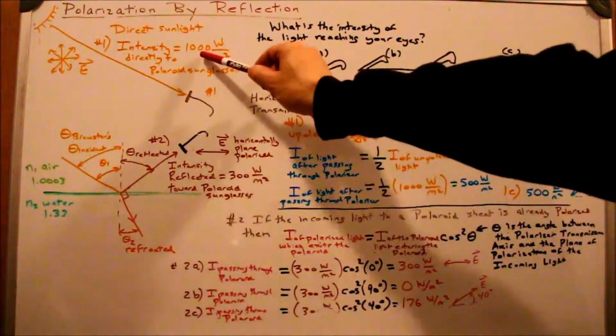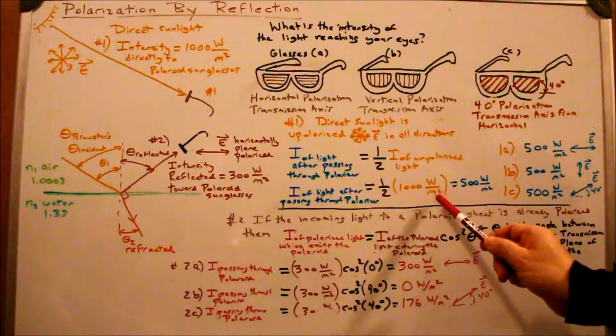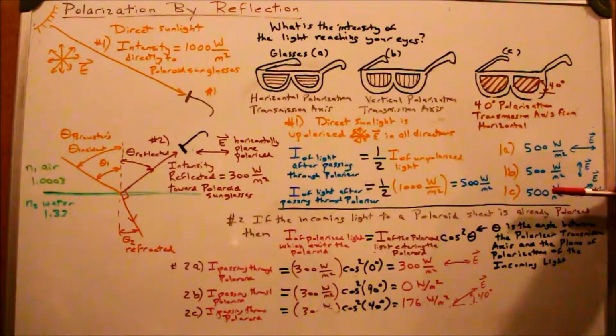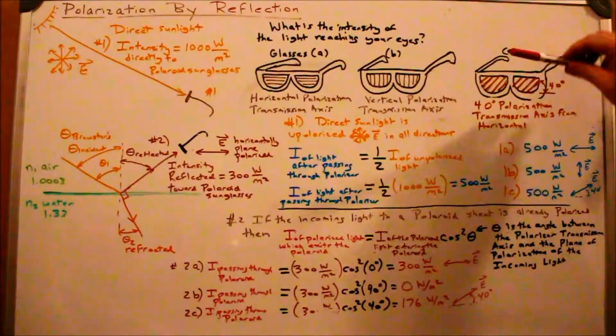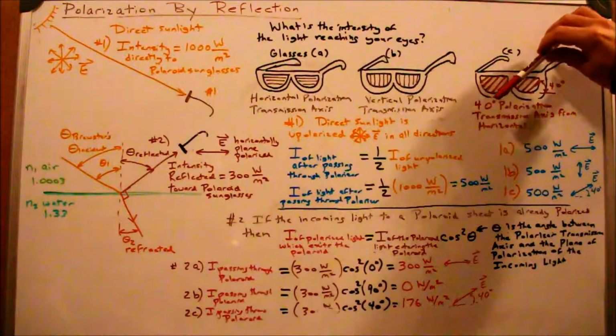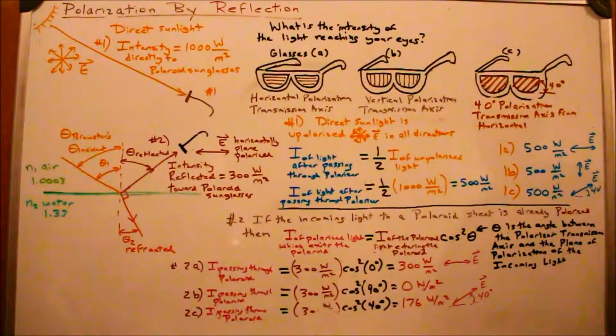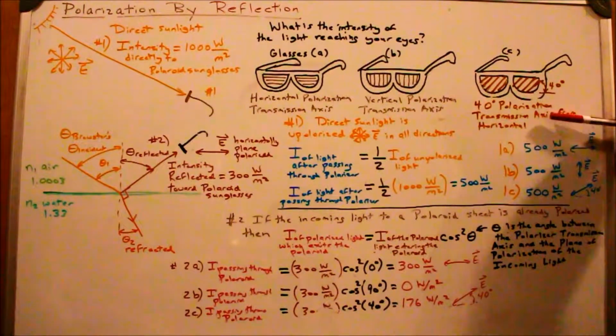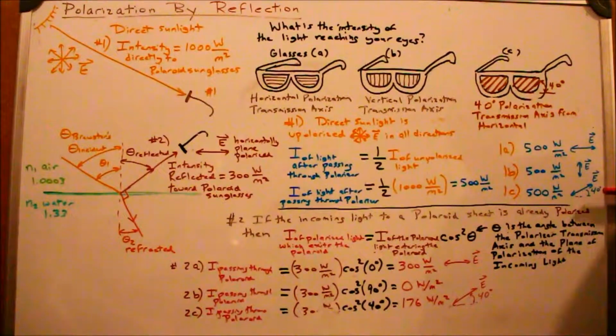And since the intensity coming towards it is 1,000 watts per meter squared, half of 1,000 is 500, and that's why it's 500. And in all cases, once I have a polarized sheet, the light exits plane polarized in the direction of the polarization transmission axis, which accounts for these angles.